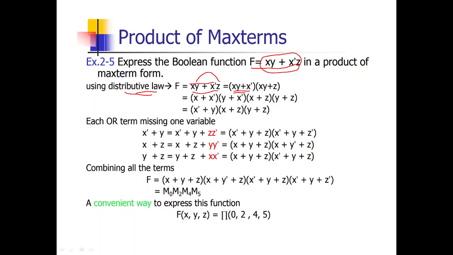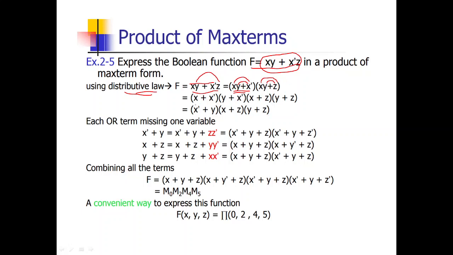So xy plus x dash can be written as x plus x dash and y plus x dash. And for this also, x plus y into y plus z. In this way we have converted the sum of product to product of sum.